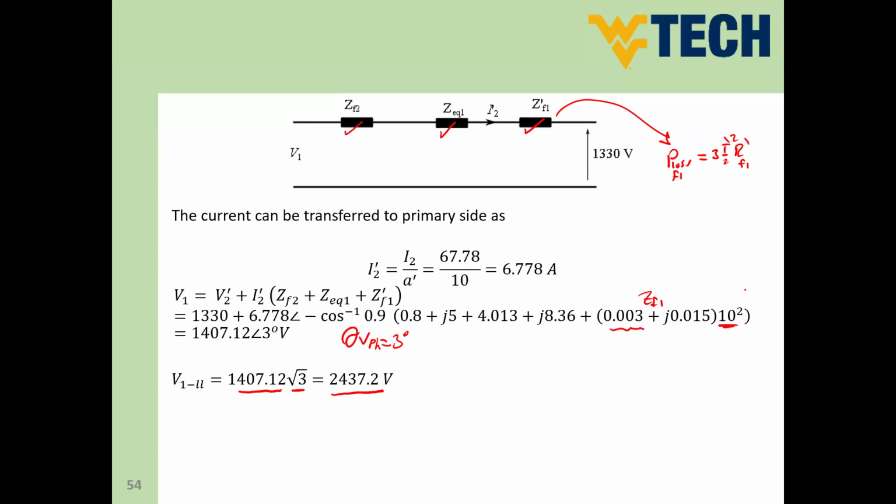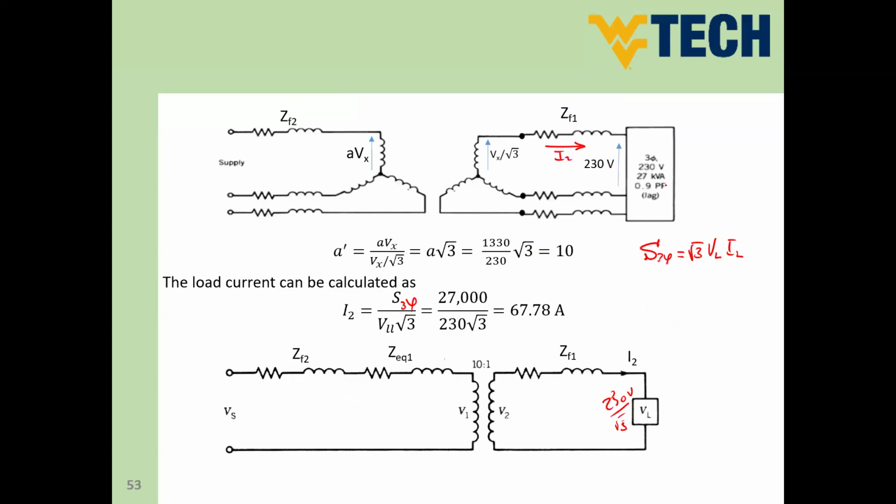Okay, so this is the way how I can get the loss here. Another way is you already calculated the real current flowing in the line here, which is 76. So you can use this value. So 3 times this value square times the resistance without transformation. So this is still possible. Okay, and all will provide you with the same value.